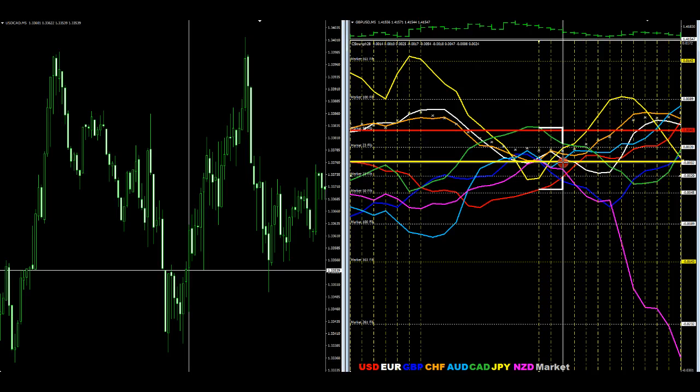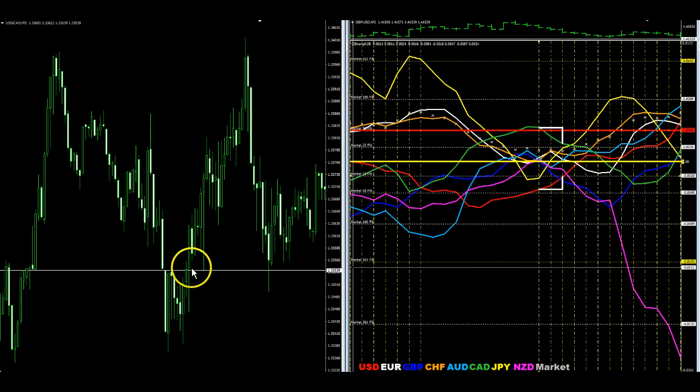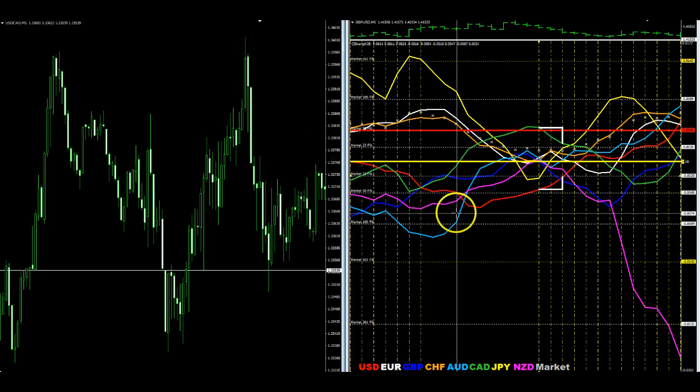So at that period, 9:40, I'd be getting into the trade. That would be right over here, and you can see that indeed would have been a 47 pip move at that point.